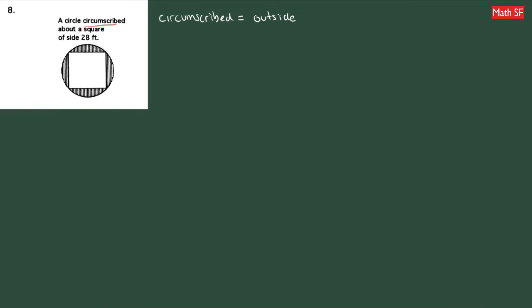So if it's circumscribed about a square of side 28, I'm going to write that given information here. This is 28, and because it's a square, these are 90 degrees, 90 degrees, 90 degrees, 90 degrees. Each side is 28, 28, 28, 28. To find the area of this shaded part, I need to find the area of the total one, the bigger picture here.